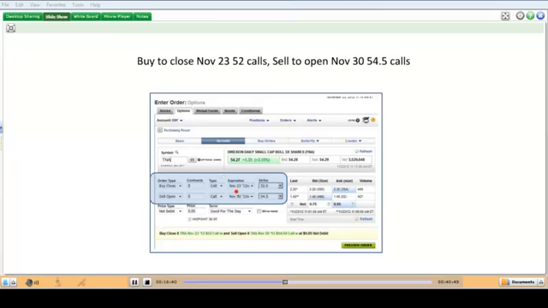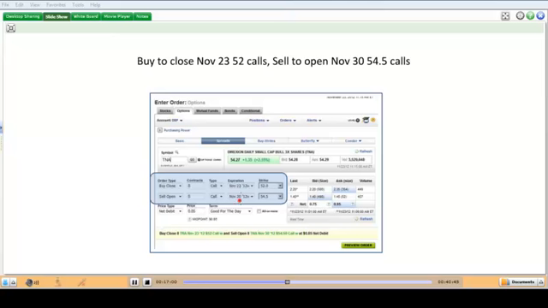I closed out the 52 strike call, and then I sold to open the November 30th weekly call, the 54.5 strike. So closing out the November 23rd, which is last Friday, selling to open the November 30th, which expires this Friday.